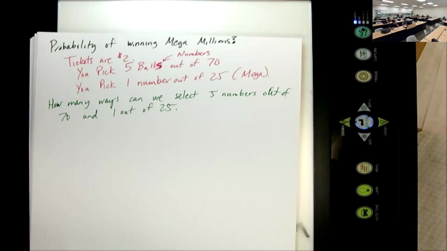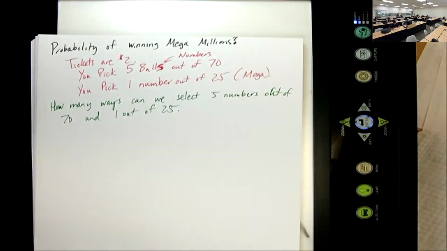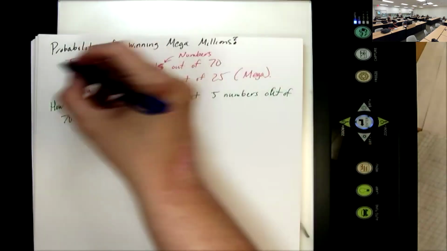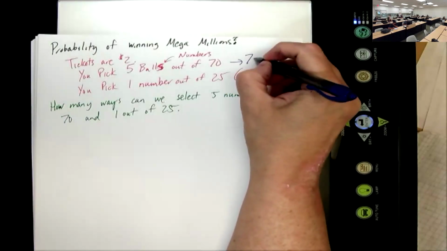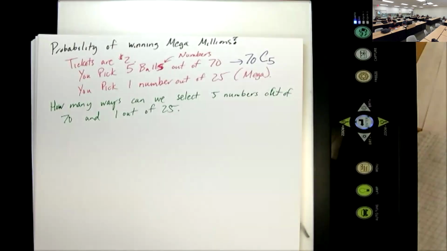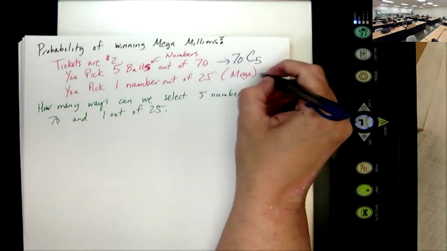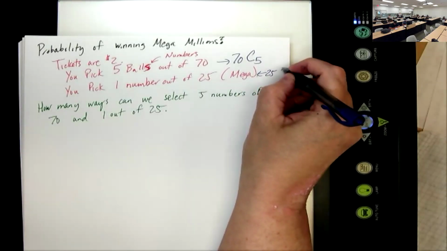Since order doesn't matter, we can use nCr. So for the 5 out of 70, this will be 70 C 5. This one will be 25 C 1.